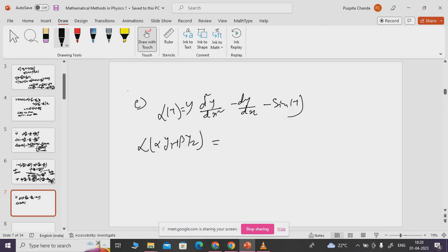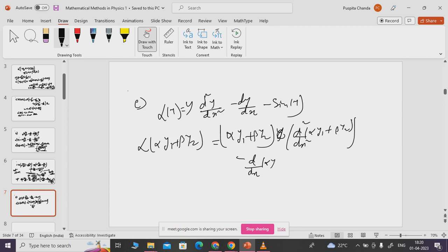So for alpha y1 plus beta y2, we get d2/dx2 of (alpha y1 plus beta y2) minus d/dx of (alpha y1 plus beta y2) minus sine of (alpha y1 plus beta y2).